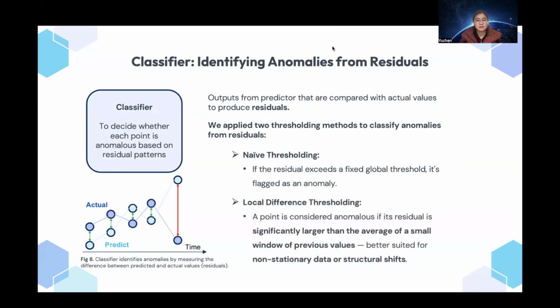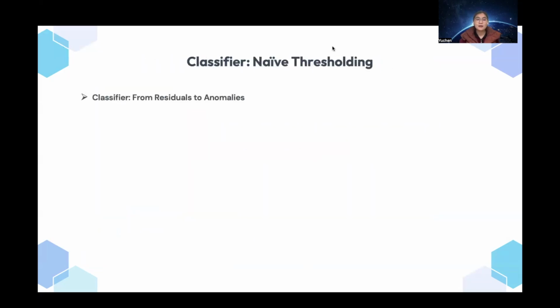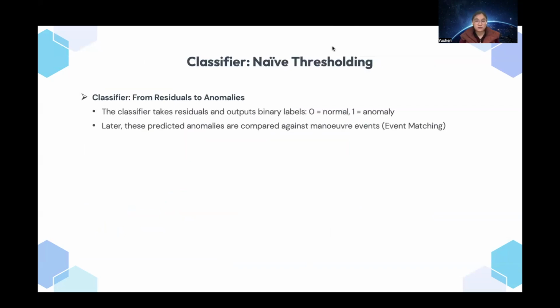The second is local difference thresholding, which uses a dynamic threshold that adapts to recent local patterns in the data. We'll dive into the details of this shortly. In our setup, the classifier is quite simple. It takes the residuals as input and outputs binary labels, 1 for an anomaly and 0 for normal.